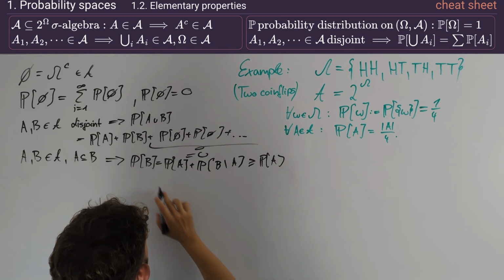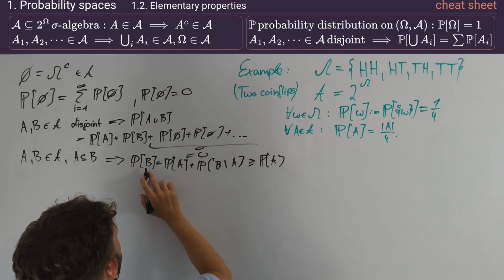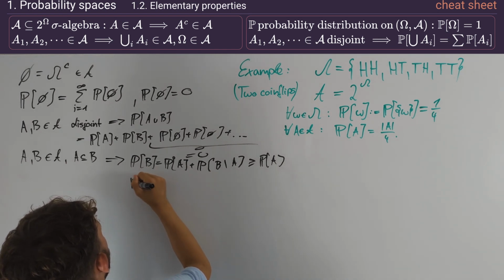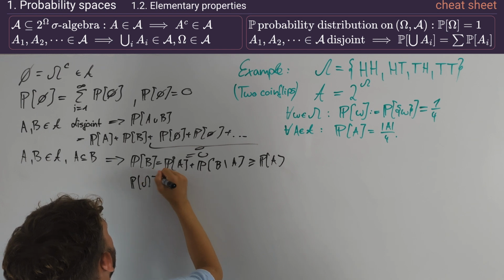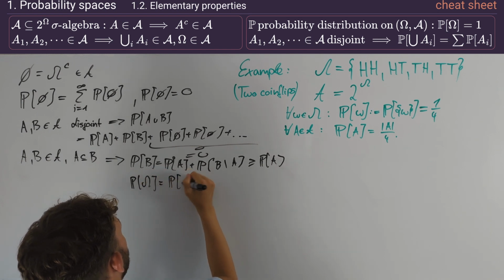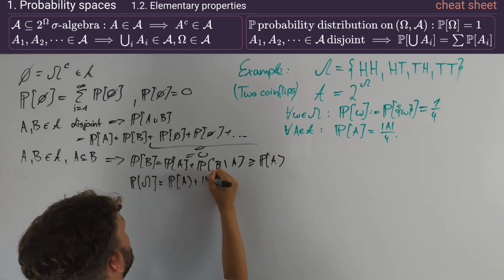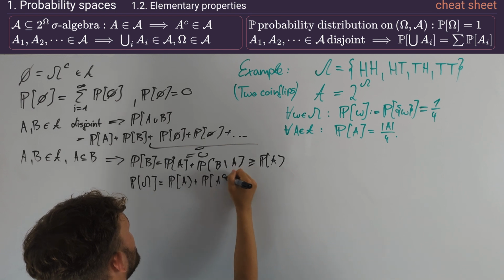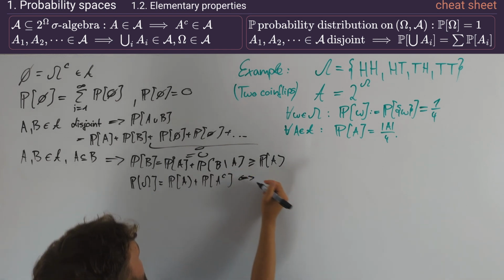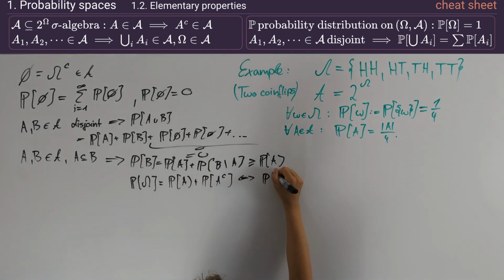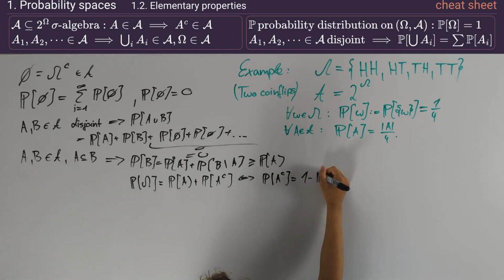As a final remark, we could always set B equals omega here to obtain that P of omega equals P of A plus P of A complement, which we can rearrange to P of A complement equals 1 minus P of A.